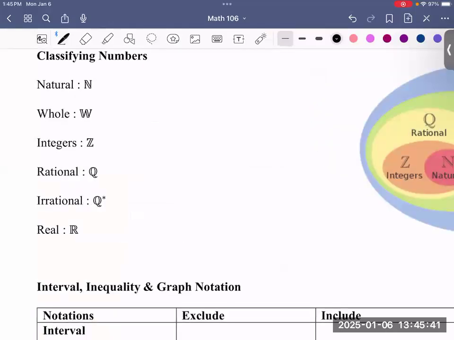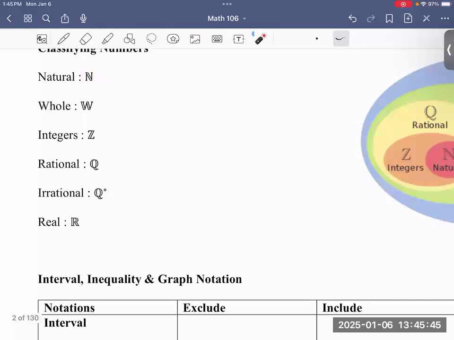So natural numbers, notation-wise, look like an N with two bars, written in this form. So what are natural numbers? Can you think about what natural numbers start with? Natural numbers start at 1. Lots of students are torn between 1 and 0.